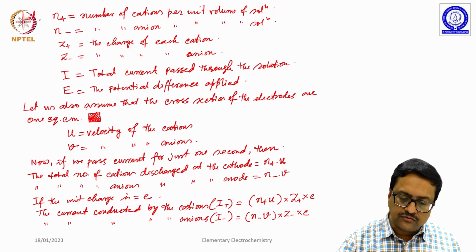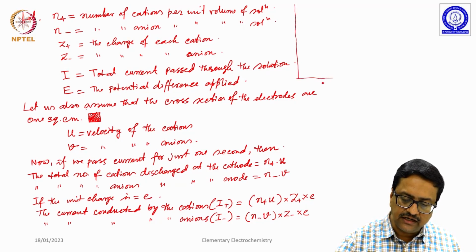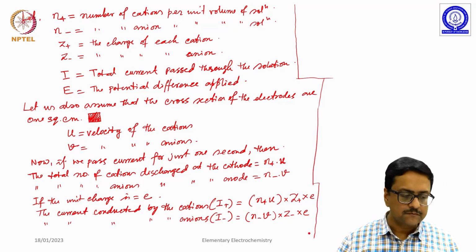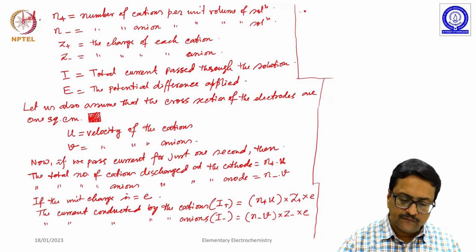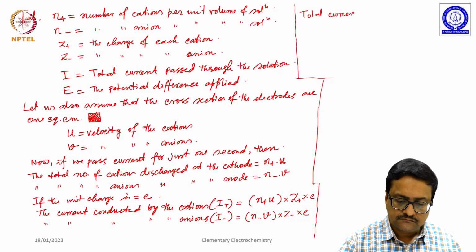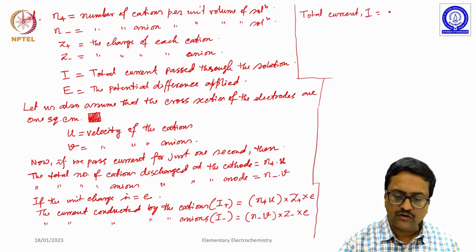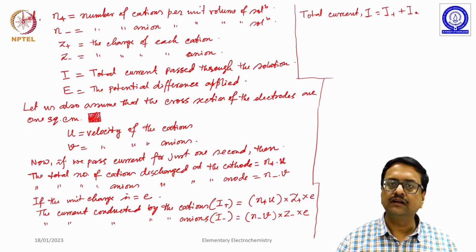Now, I will try to complete this derivation here, so that the entire derivation is there in one slide. So, total current I is equal to I plus plus I minus, right.